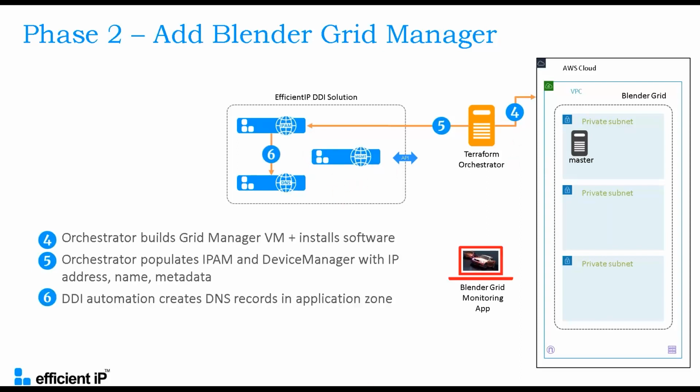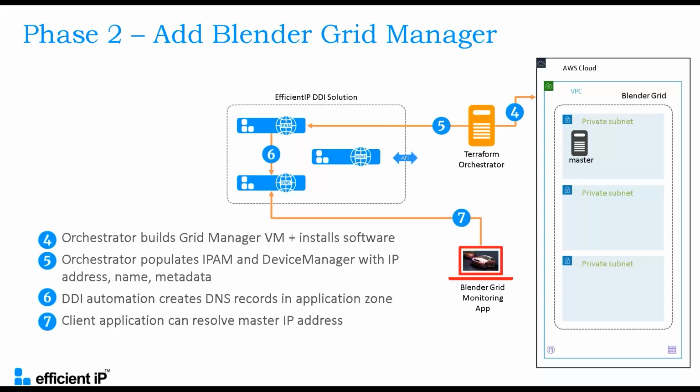So when we've got our networking established, we've got IP addresses configured, we then want to start updating the DNS, so creating A records. So that's what happens next. Terraform and the DDI instigate the creation of records, and then it means that our client application, which is our monitoring app here, is then able to talk to the master server out here.